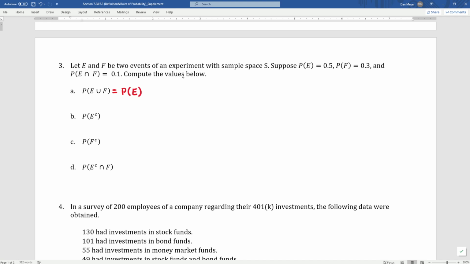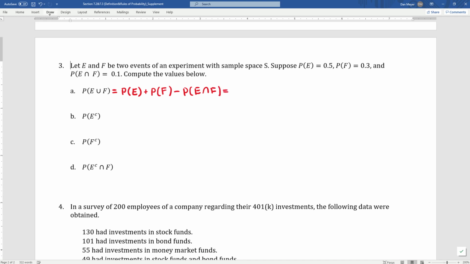We don't know whether E and F are mutually exclusive, so it's the probability of E plus the probability of F minus the probability of their intersection. Actually, the fact that the probability of their intersection is non-zero tells us that they're not mutually exclusive.